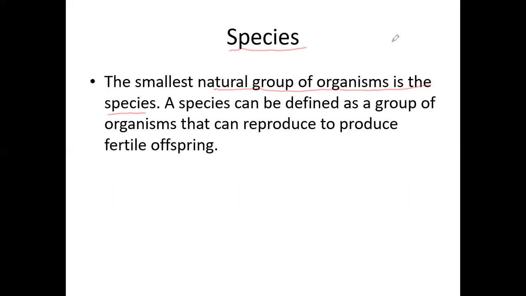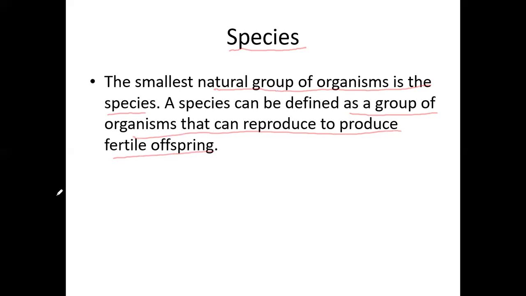Living at a place, they can interbreed with one another, but not with the members of other species, because when they breed with one another, they will be able to produce fertile offspring. So this is the perfect definition of the species: a group of organisms that can breed to produce fertile offspring. It means the members of that species belong to the same species.